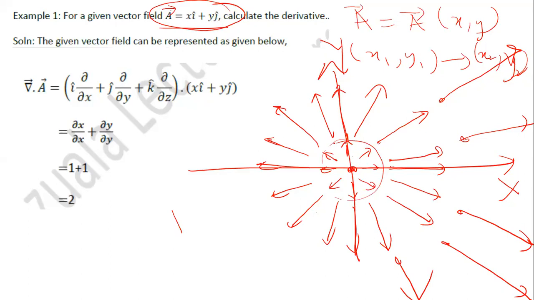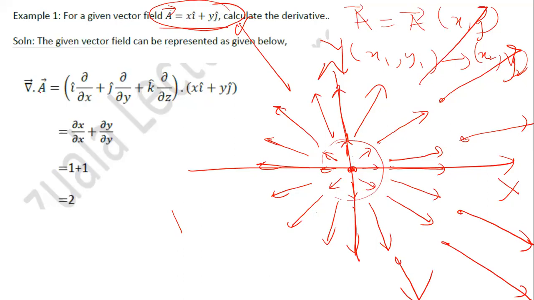But if you move a little bit further away, when the x and y coordinate values are increasing, the vector magnitude also becomes larger. So you have a diverging vector field traveling away from the origin, right? So this is what this mathematical form x i cap plus y j cap represents as a vector in this space.